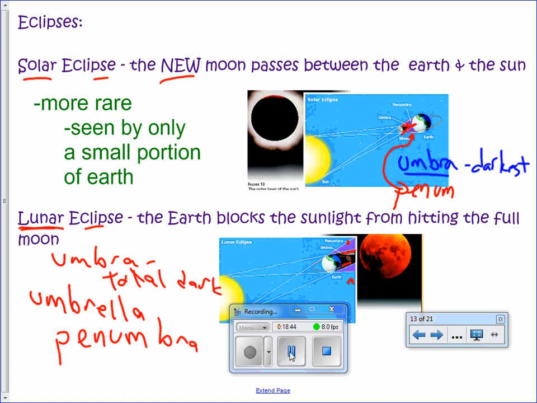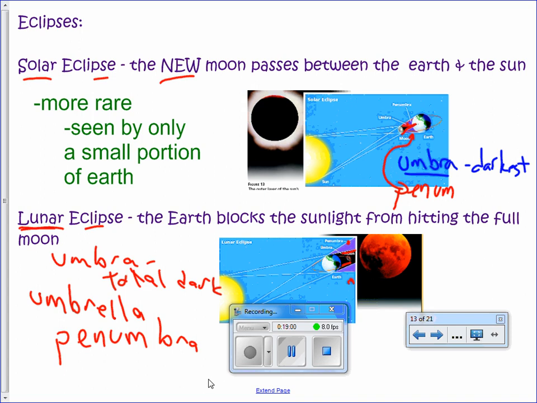Right, 30 times bigger, 30 times farther away. Yeah, exactly. So it's pretty awesome and pretty randomly strange.